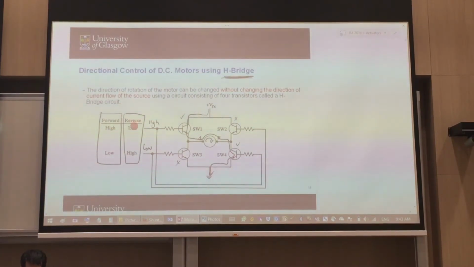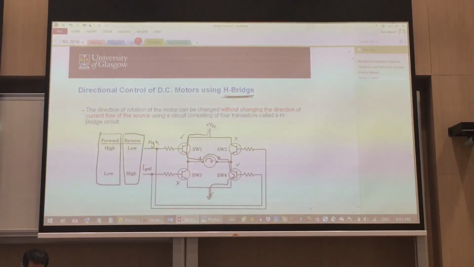If you want to reverse the motor, what you could do next is to reverse that high and low signal. Now let me use another color, red. If this is low now and this is high, this will be a broken circuit, this will be a broken circuit, and this will be turned on, that will be turned on.